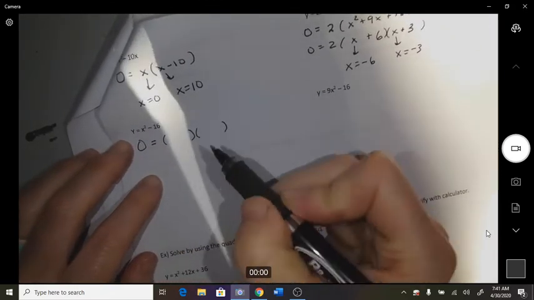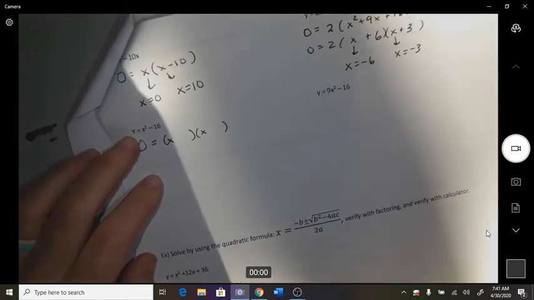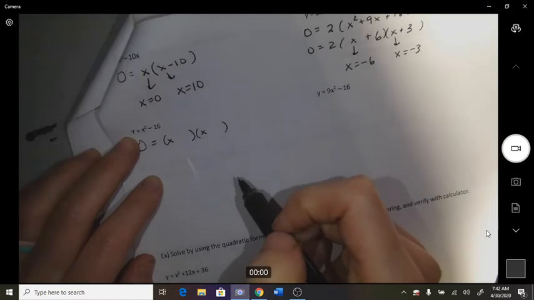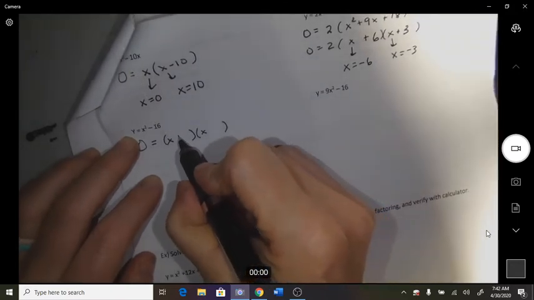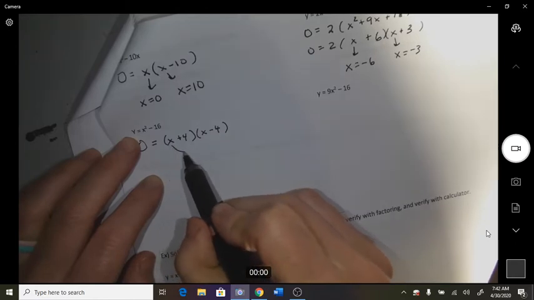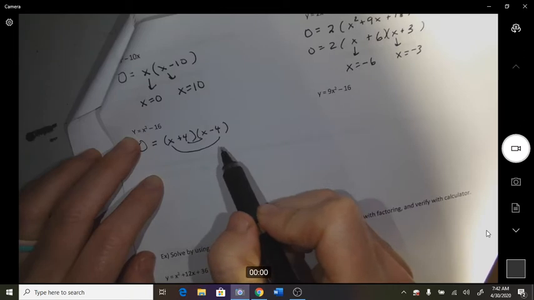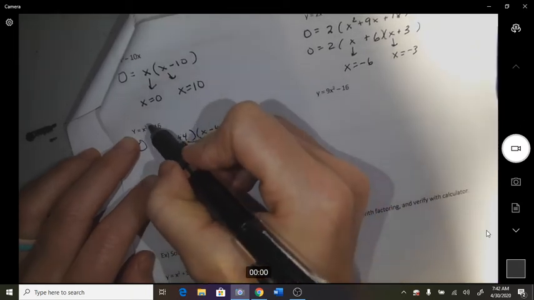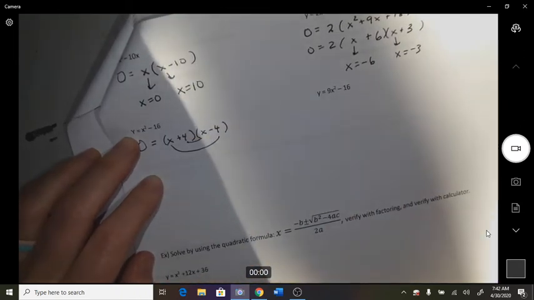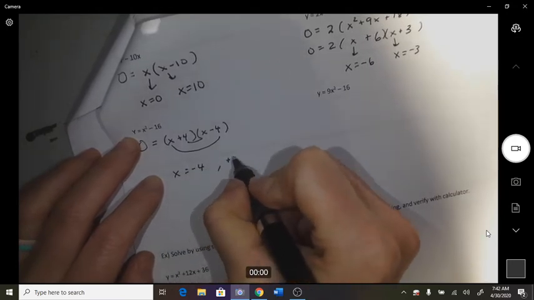A difference of squares is 2 brackets, so x and x makes your x squared, and then to make the 16, you would need a plus 4 and a minus 4. Thinking about the FOIL in the middle, you would have no x's, because minus 4x and plus 4x cancel, that's why you have no middle term. So here x equals negative 4 or positive 4.